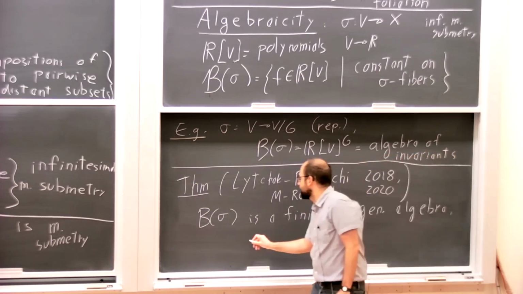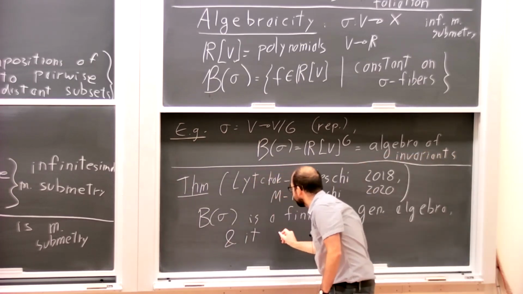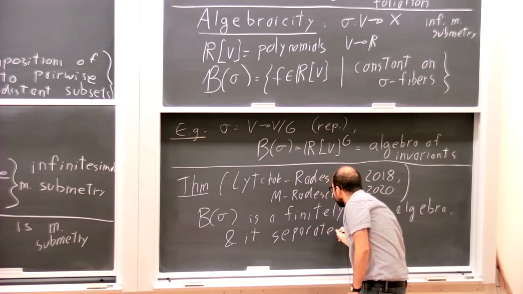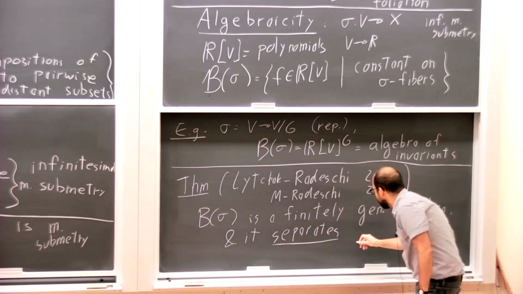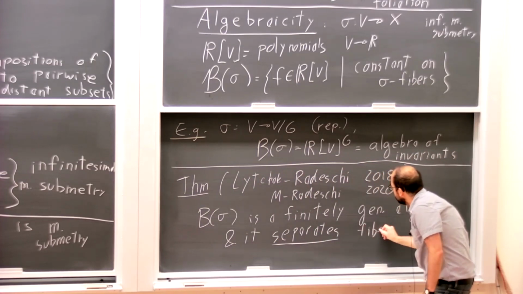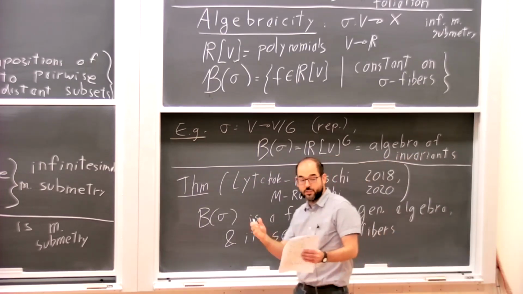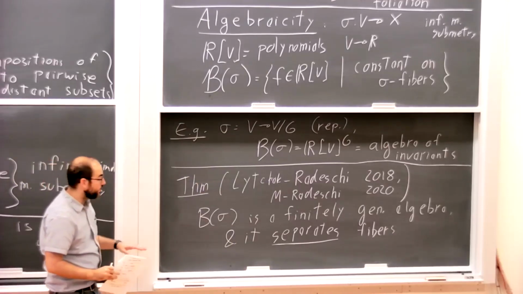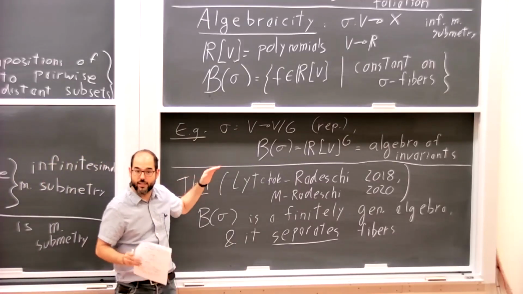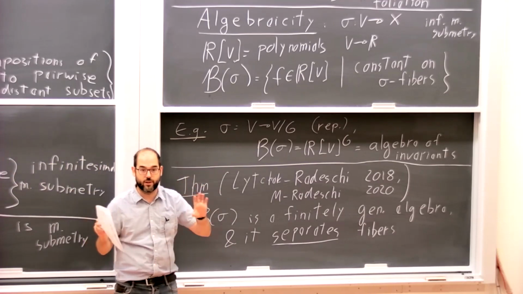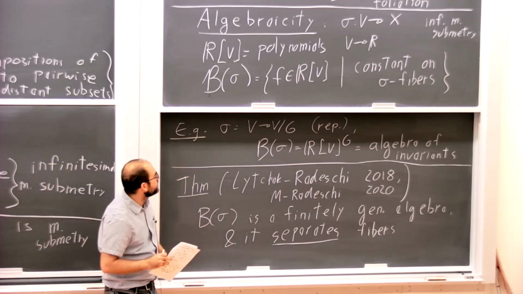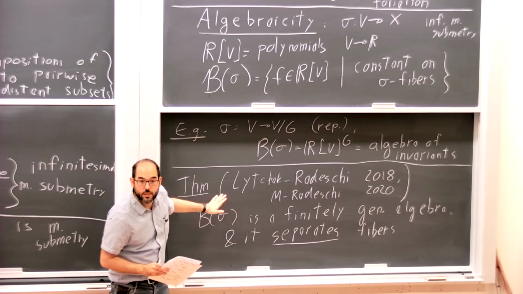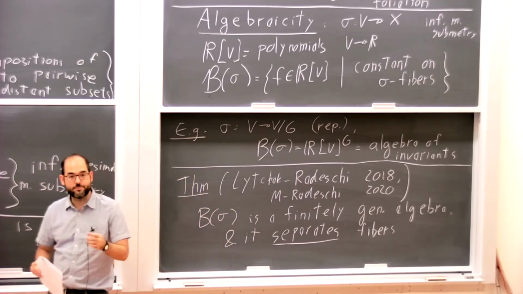It separates fibers in the sense that if you have two distinct fibers of this map sigma, you can find a basic polynomial, constant on fibers, that has different values on the two different fibers. So in particular, you completely reconstruct sigma from this algebra.